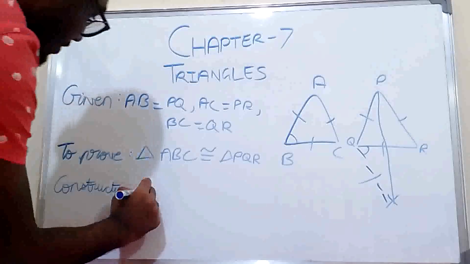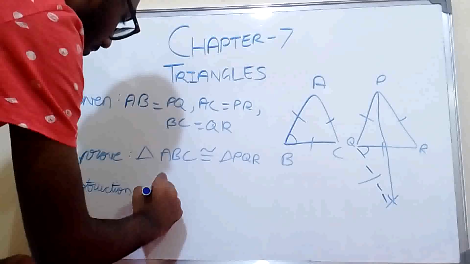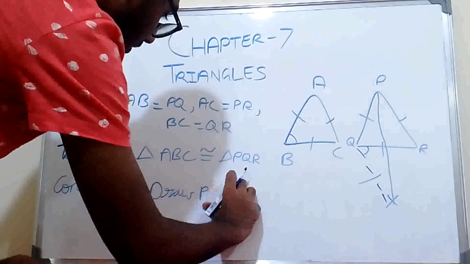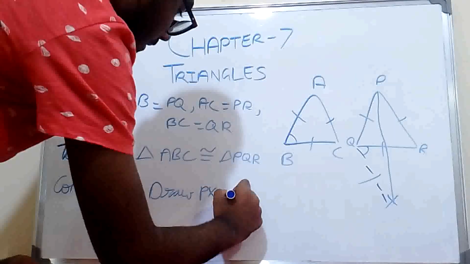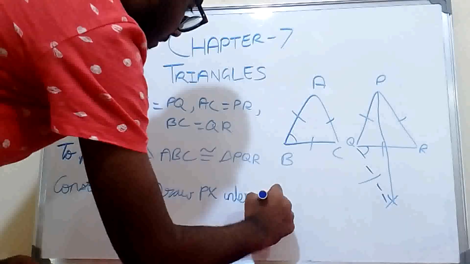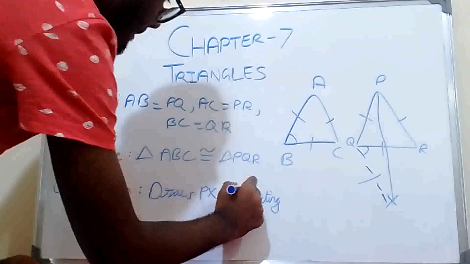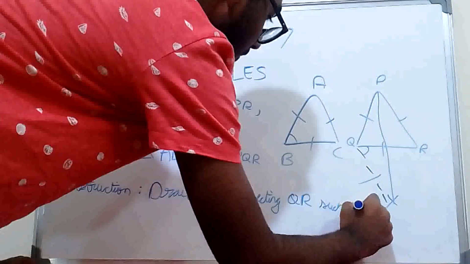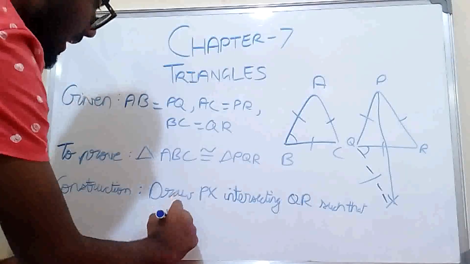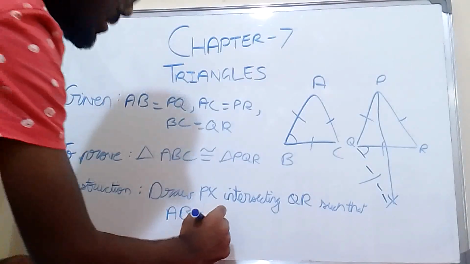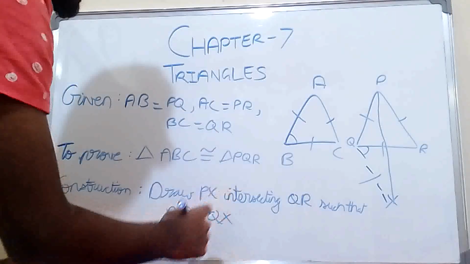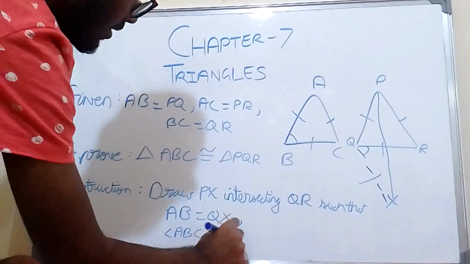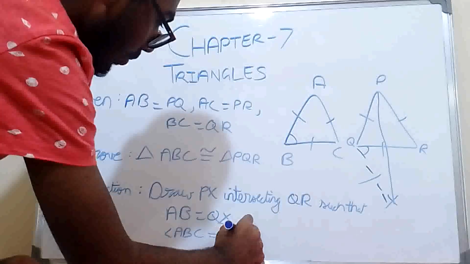We have done the construction. Draw PX intersecting QR such that AB is equal to QX and angle ABC is equal to angle RQX.